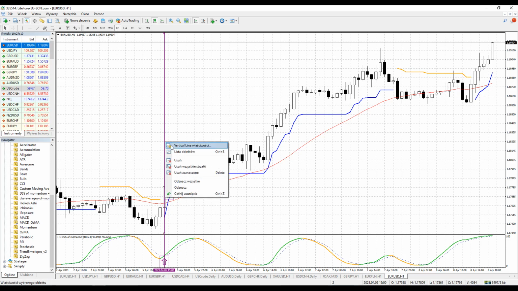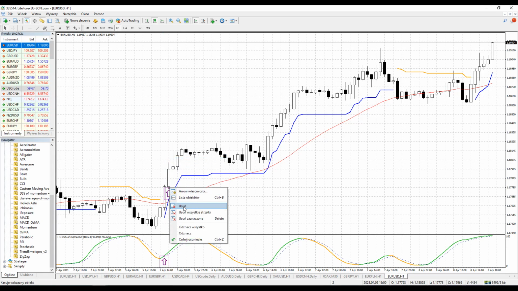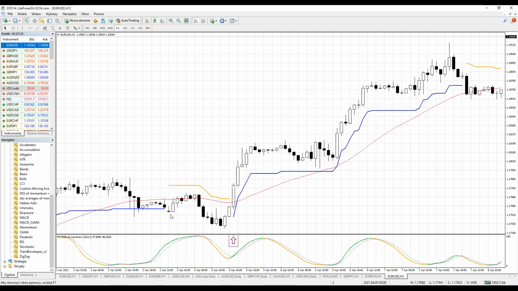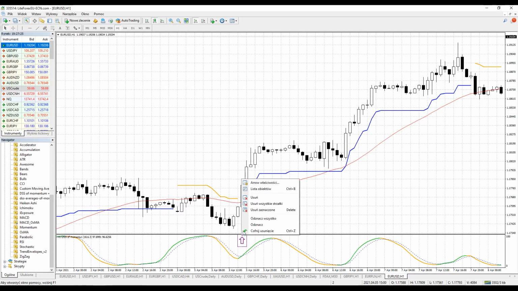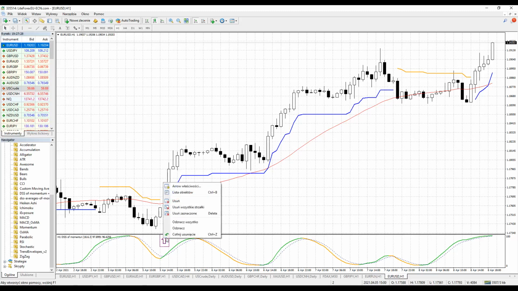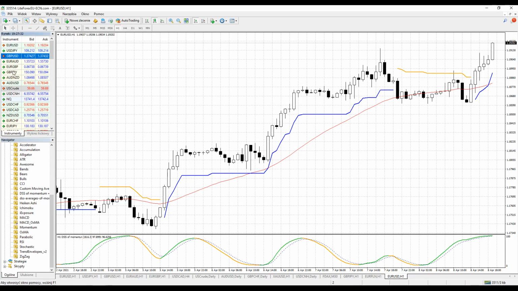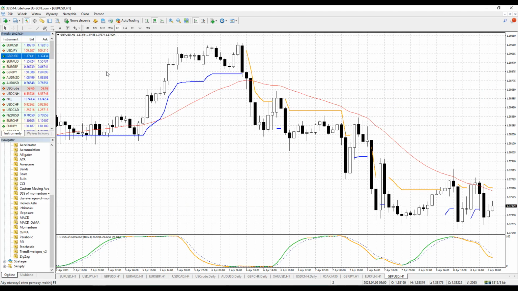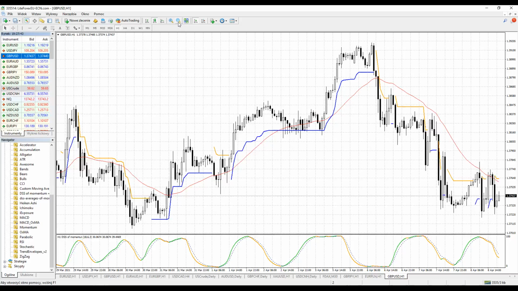So let's try to find the setup and the conditions when we are going to try to go short. Let's change the currency. We know that lately the pound has been going lower. Let's have a look if we meet the criteria to try to go short.